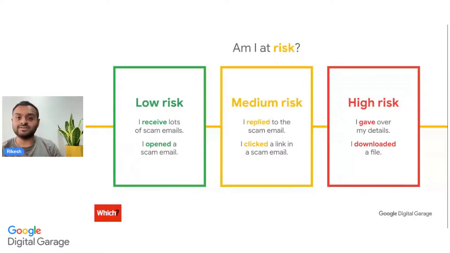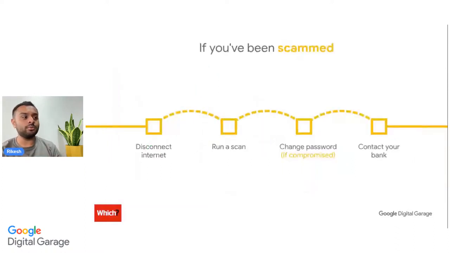So if you get to this high risk category and you feel that you've been scammed, or you're not sure, I'd always steer on the side of caution and go through a lot of these steps just to make sure that you're okay, and you're sealing up that bubble that you created for yourself for security reasons.